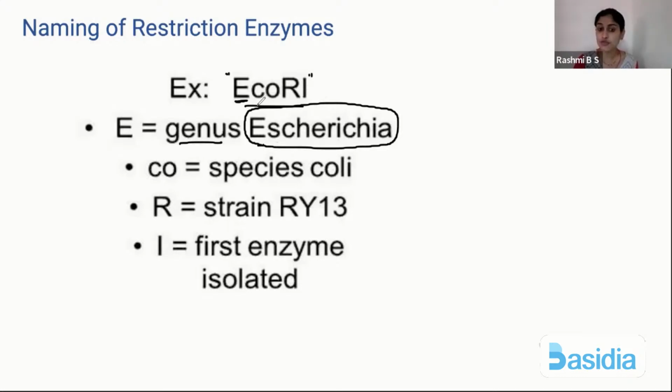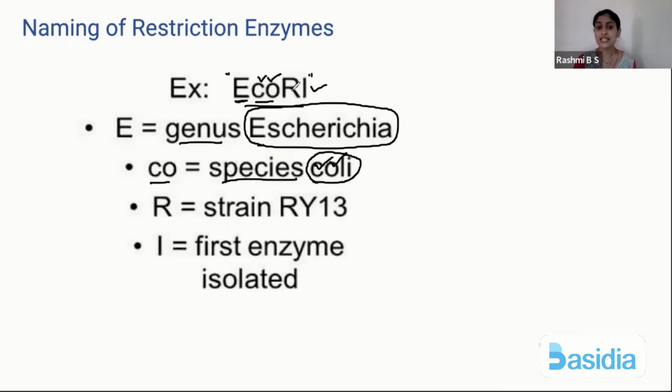Followed by E, you have two letters, co. After the genus letter, the following two letters are from the species to which it belongs. So this restriction enzyme EcoR1 belongs to species coli. Hence, from the species name, we have taken the first two letters, co.